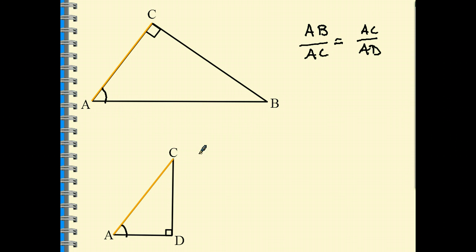Okay, the hypotenuses correspond to each other. And then AC, the short leg of the big one, and AD, the short leg of the small one. Well, the means of our proportion are the same. So if we cross multiply, we see that AC squared is equal to the product of AB and AD.